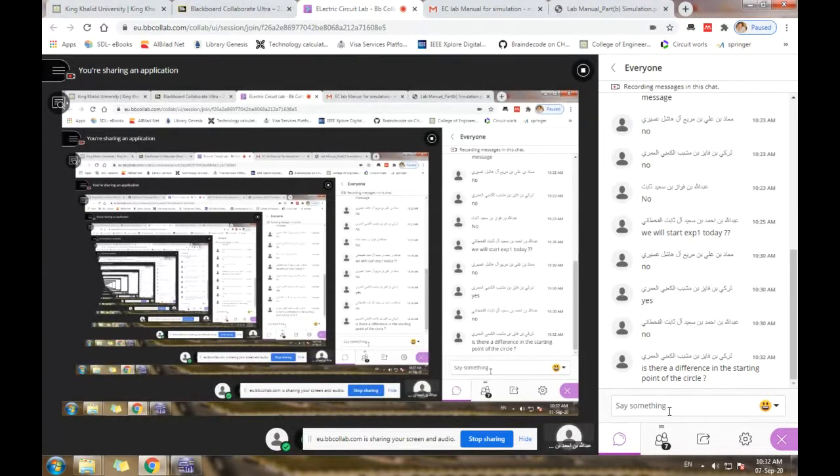Is there a difference in the starting point of the connection? I mean, is there any difference if you make the connections from any end? You can make the connections from any point.